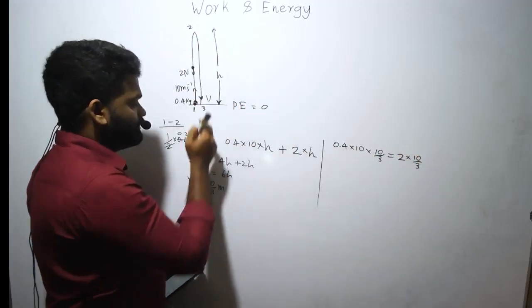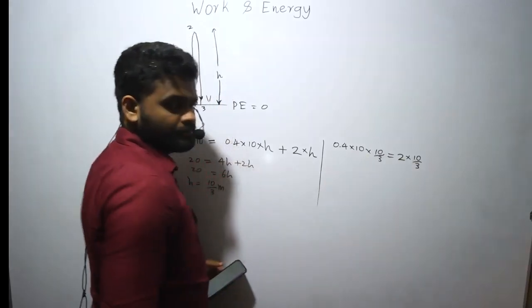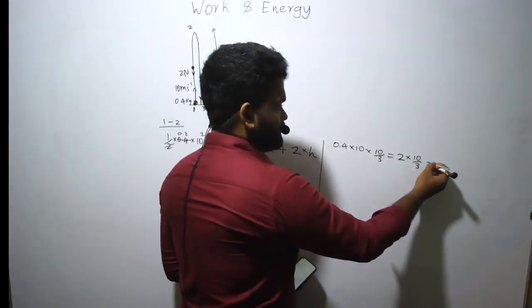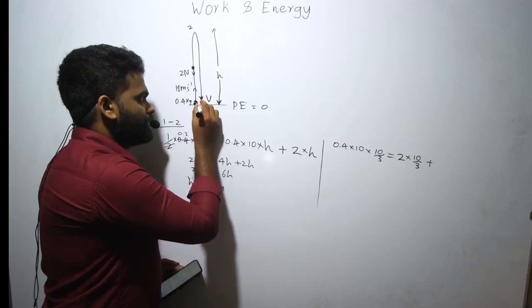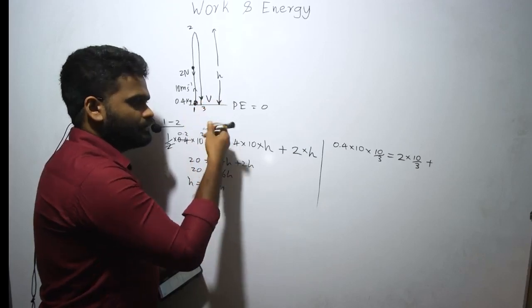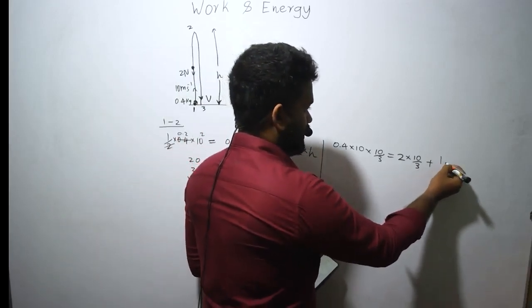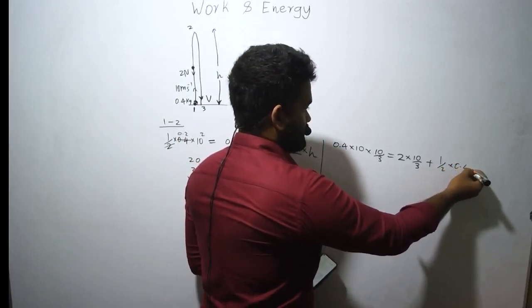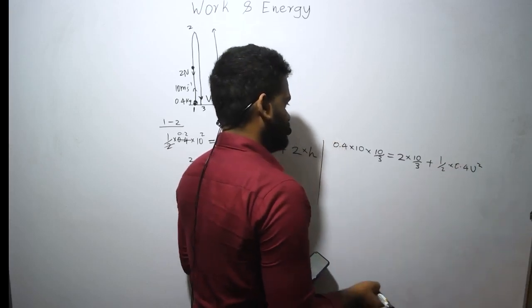That is 10 over 3 we found, right? So this is Fs, plus, as it reaches here, the remaining part should be in the form of kinetic energy. So we can say a half mass 4, we need to find V square, right?